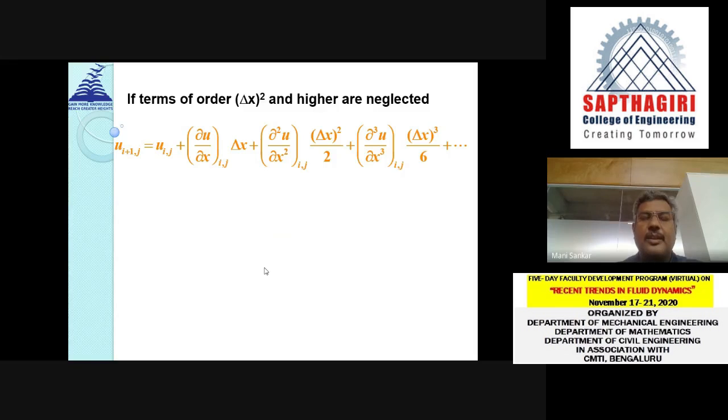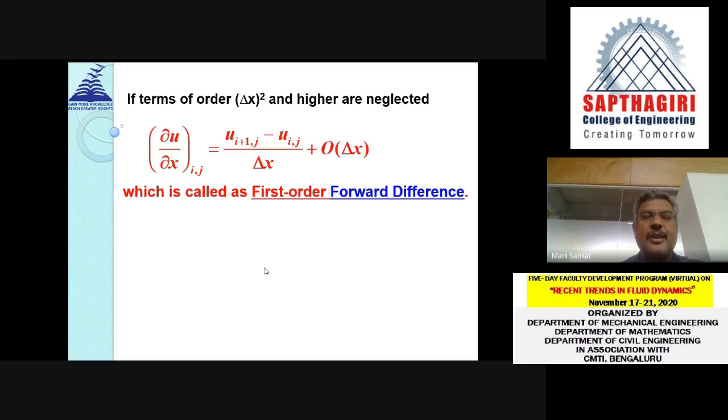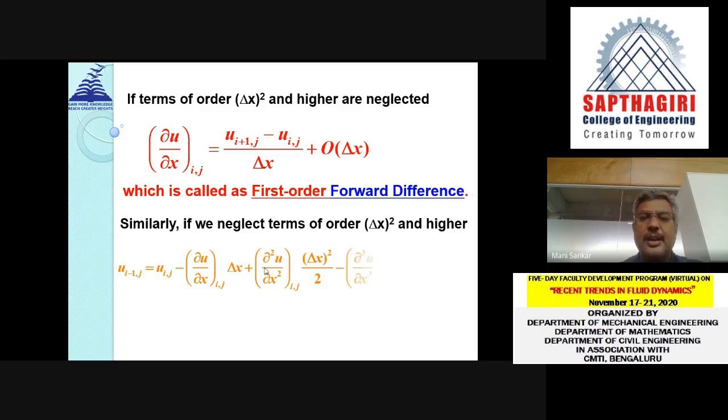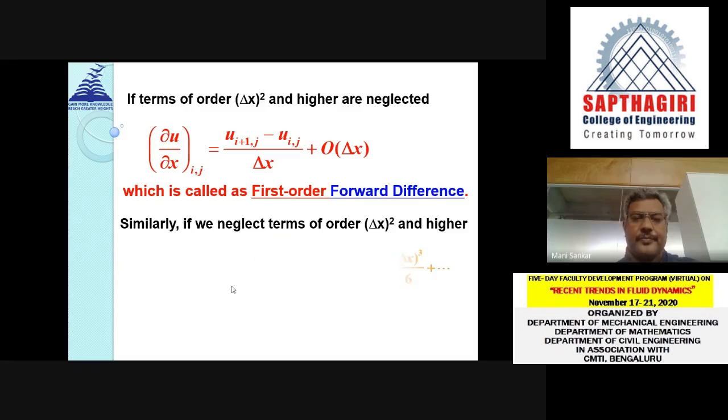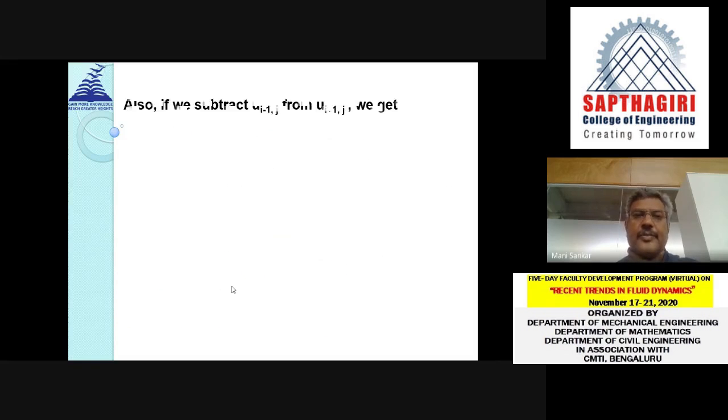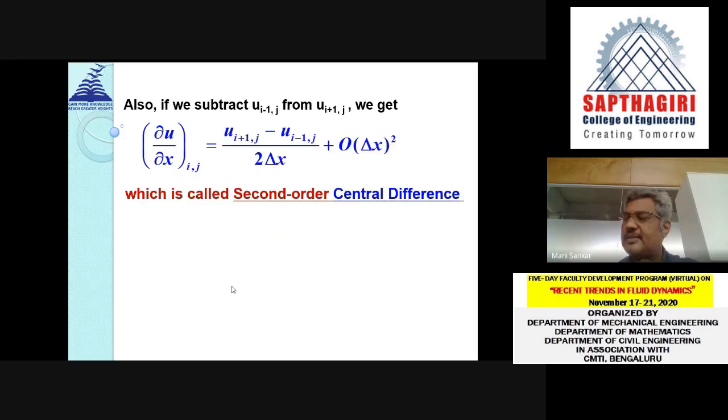Because delta x is very small, delta x squared is even smaller, so I neglect delta x squared and higher order terms. This results in a finite difference approximation that we call the first order forward difference approximation. Similarly, from the other Taylor series, neglecting delta x squared and higher order terms gives a backward difference, and if you subtract, I get the central difference. So for a first order derivative, I have three different finite difference approximations: forward, backward, and central.